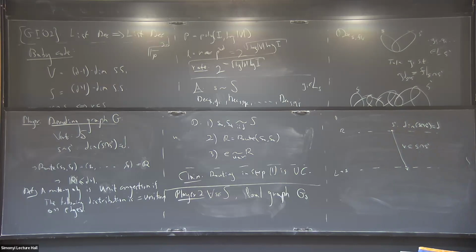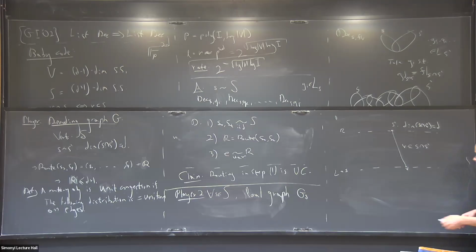So the V's are all contained in S. Yes, S is D+1 dimensional, these are D-1 dimensional. Correct. And the top is all the S primes that intersect S.